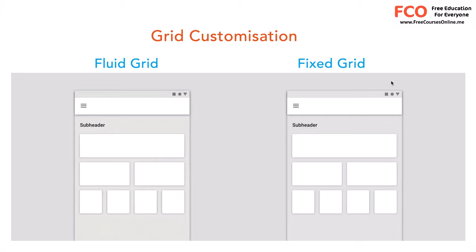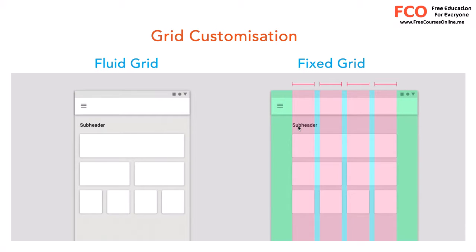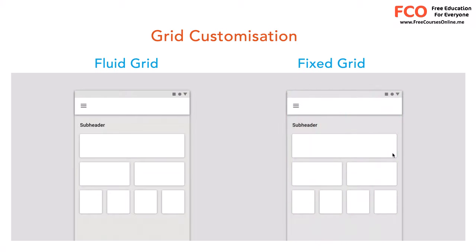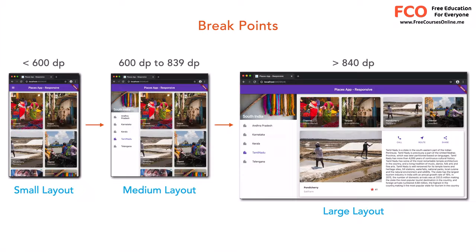Whereas under fixed grid, the behavior is that you can have the size of the columns fixed, the size of the grid fixed, and the margin is expanded. And this is really like a preference, and you can decide what to go for, fluid grid or fixed grid, depending on what you are building.